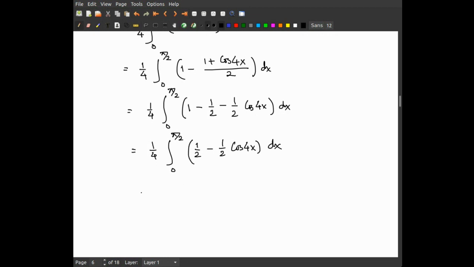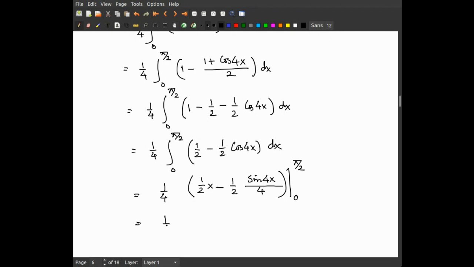Now what do I have? We have to find the integration right now. 1 over 4 times half x minus half, and the integration of cos is sine 4x, we have to divide by 4 as well. And then you plug the value pi over 2 and 0.